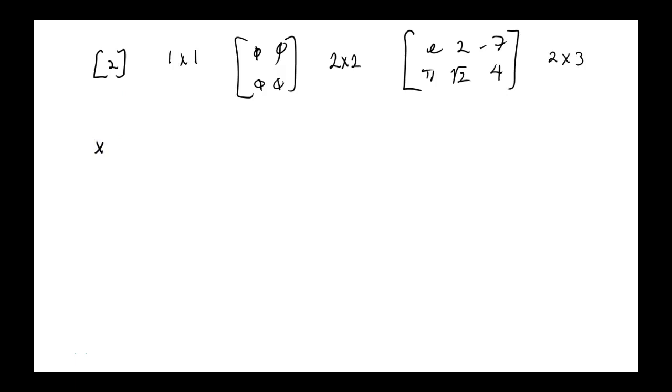x minus 4y plus 3z is equal to 5. Minus x plus 3y minus z is equal to negative 3.